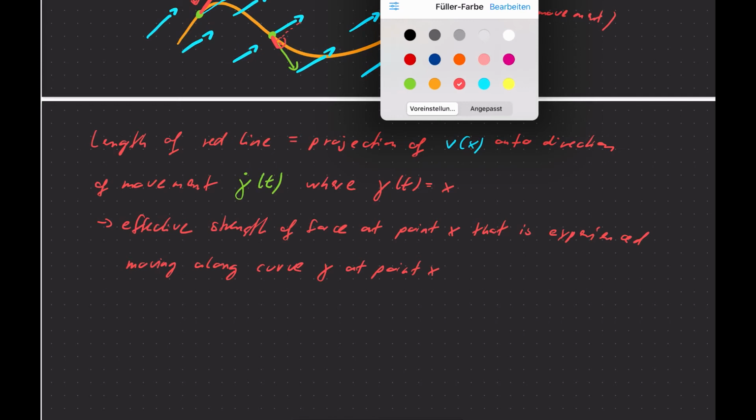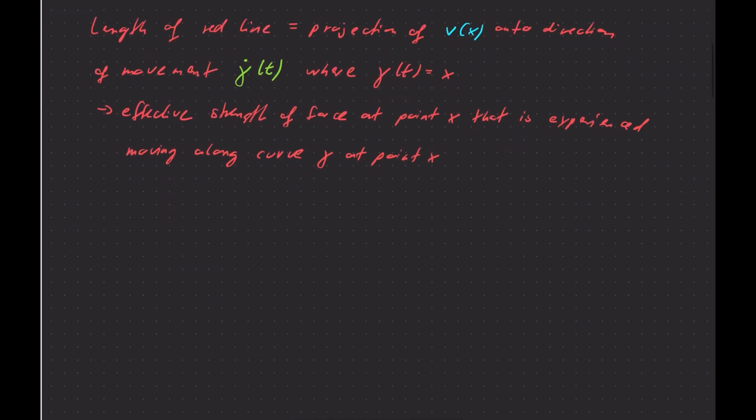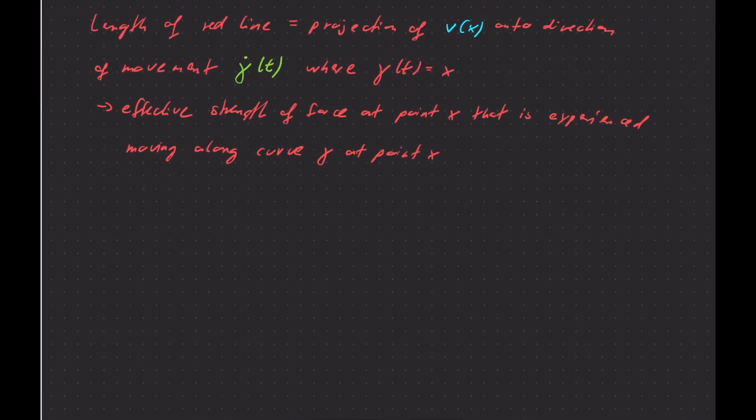And if you want to know the global effect, so the energy that we have to spend for our motion, then we have to integrate the local effect along the curve. So what we have to do is integrate the projection of our vector field V at the point gamma of t.